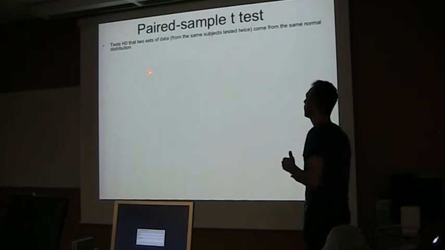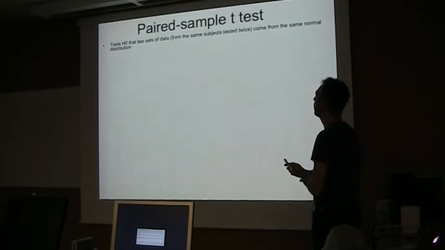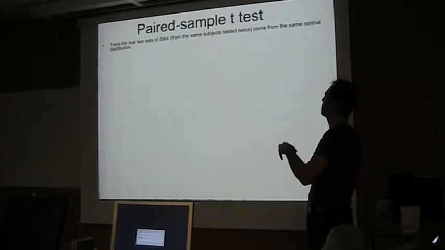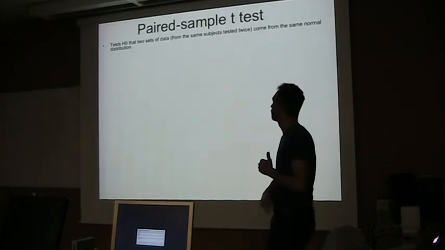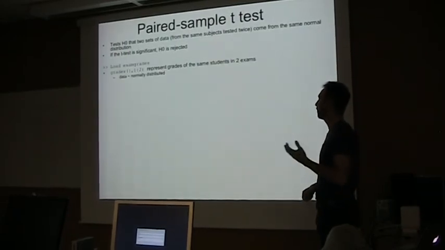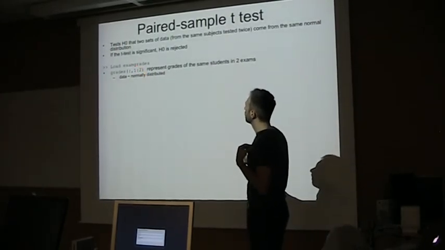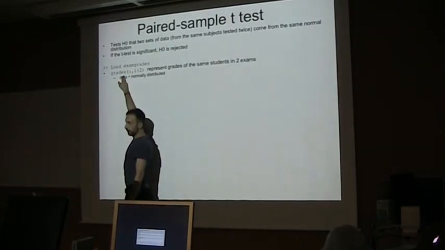And so what you do is you try to reject the hypothesis 0, the null hypothesis, that two sets of data, and here I gave an example for the subjects, that two subjects which were tested twice, like you guys in Matlab, come from the same distribution. And if the t-test is significant, you reject the null hypothesis. And so, still with these exam grades, we could say, for example, that the first and second column, what I'm doing here, I'm indexing the matrix grades, right?